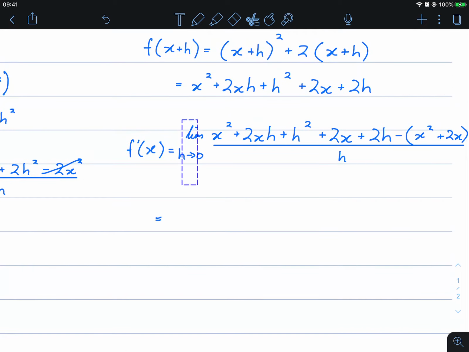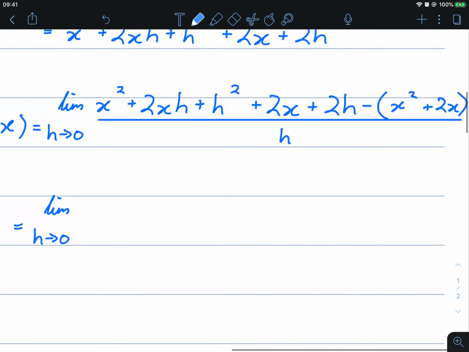Copying this limit as h approaches 0. Here's where it gets a little tricky. We have x squared minus x squared, so those two will cancel. We also have 2x minus 2x, so that also cancels.